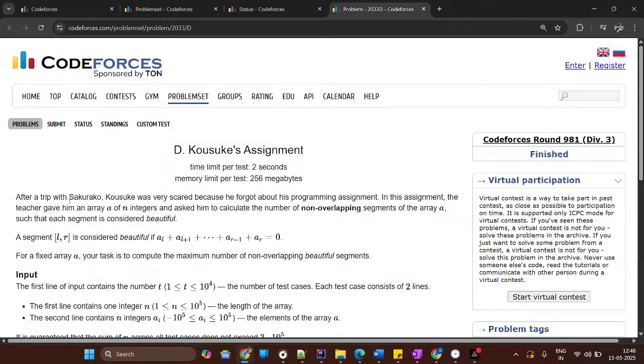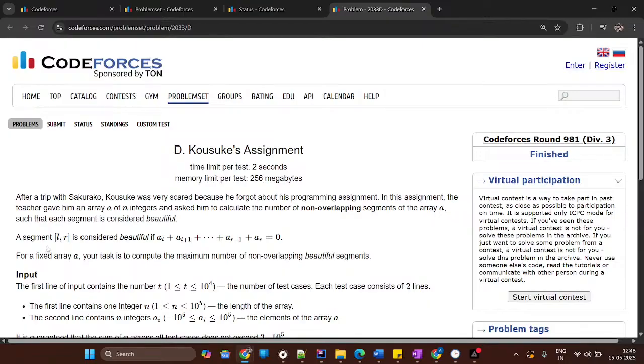After a trip with Sakurako, Kosuke was very scared because he forgot about his programming assignment. In this assignment, the teacher gave him an array A of n integers, and asked him to calculate the number of non-overlapping segments of the array, so that each segment is considered beautiful.